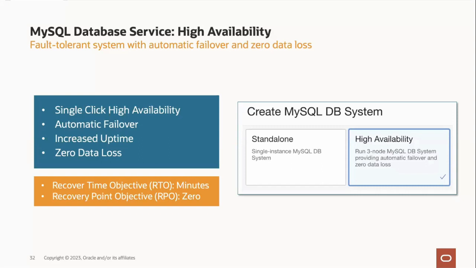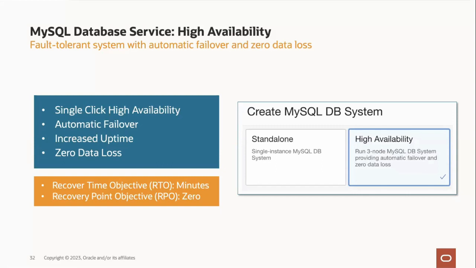It's going to have 2 options. You can either create a standard MySQL database instance, single instance, or you can create a 3-node cluster, which is going to have, as the name would imply, a 3-node system that's going to be spread across your availability domains depending on what region you're located in.